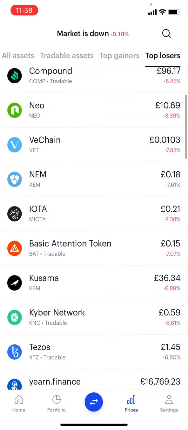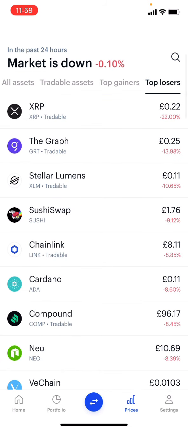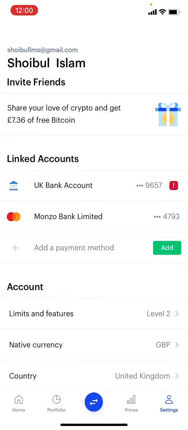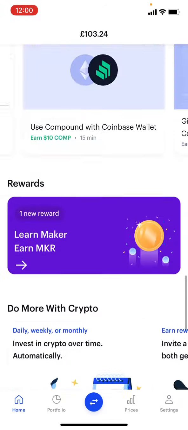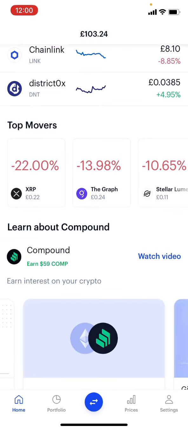Some cryptocurrencies are new in the market, and they also give free crypto coins. Even if you have already signed up on Coinbase, you can still get a free coin. As you can see, share your favorite crypto and get 7.36 free Bitcoin. If I share this link, you get the 7.36 Bitcoin, and you can also get a free 10 pounds. Even if you have signed up, you can still get 10 pounds if you just watch their video.